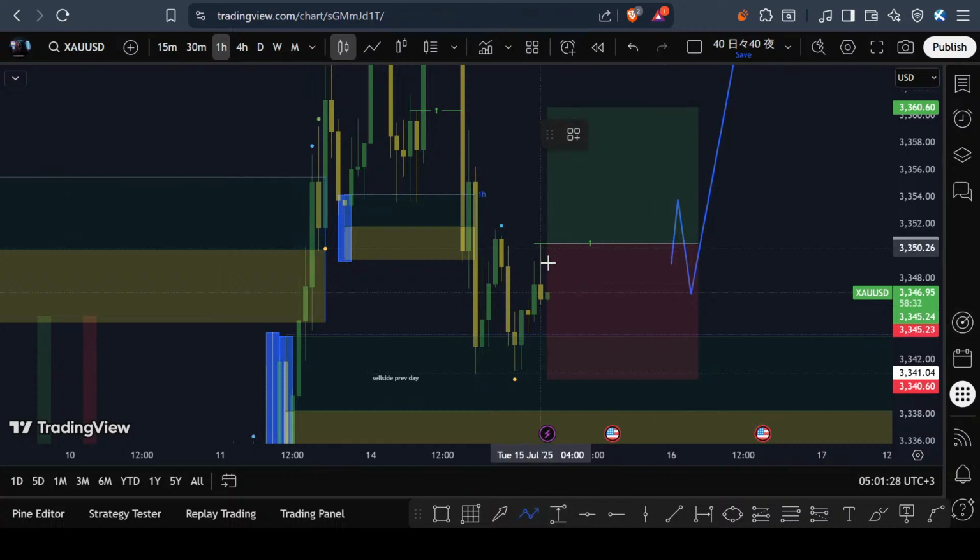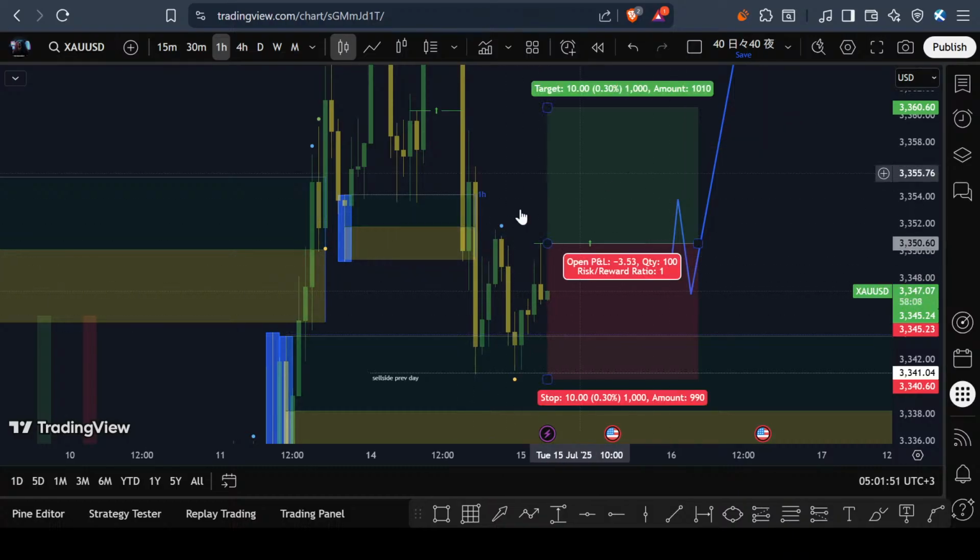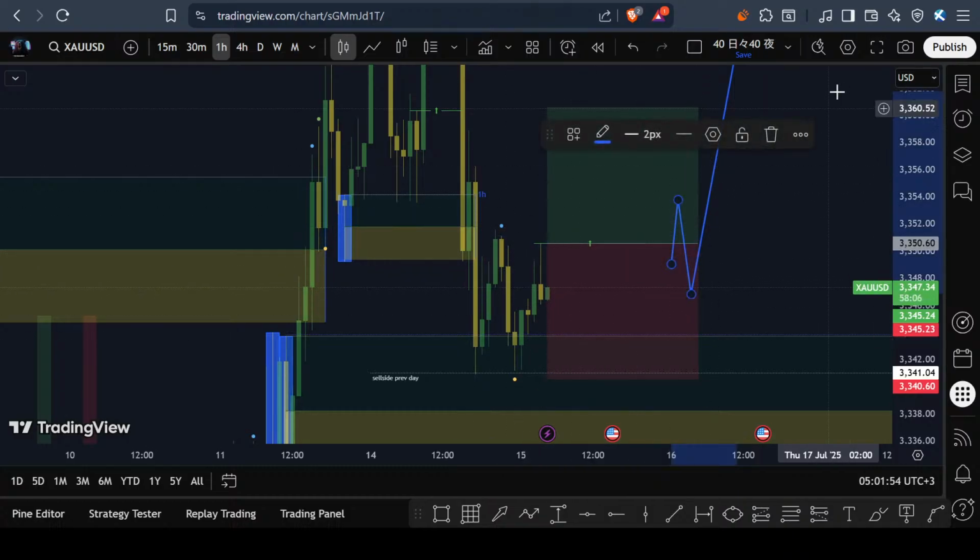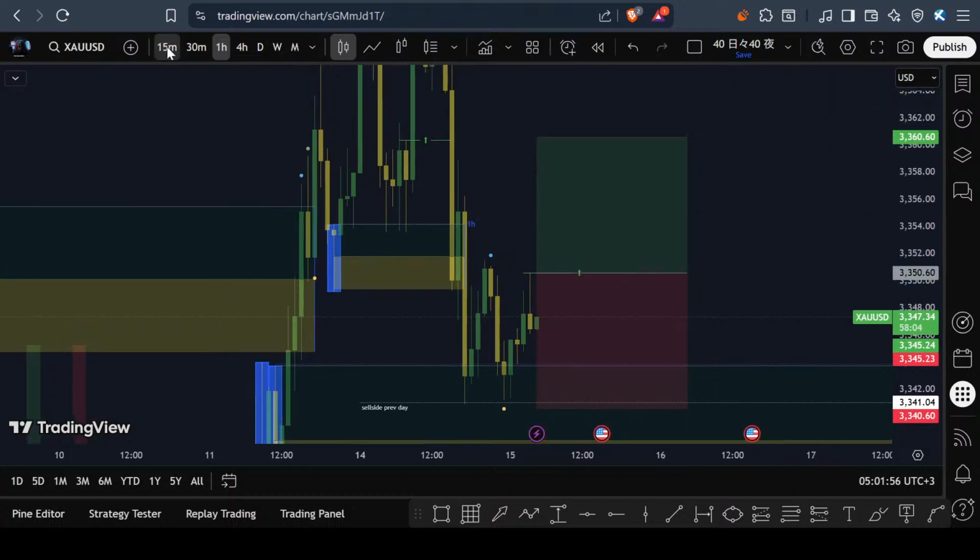But we really need this price to test this supply once more. This demand, I mean. If a candle closes inside this demand, then this setup is invalidated. But this setup right now is more than valid.